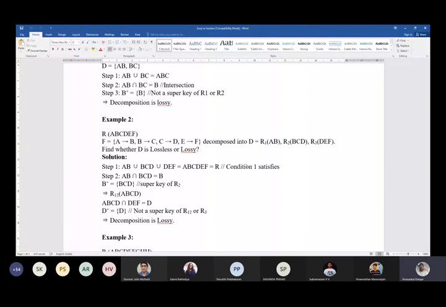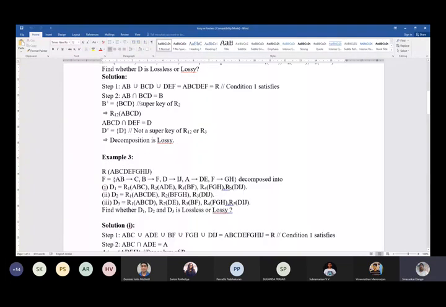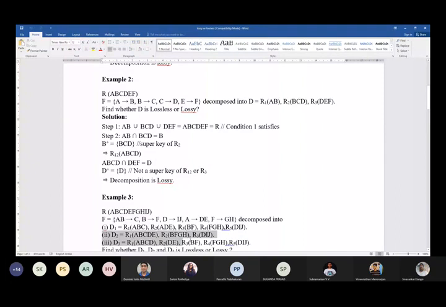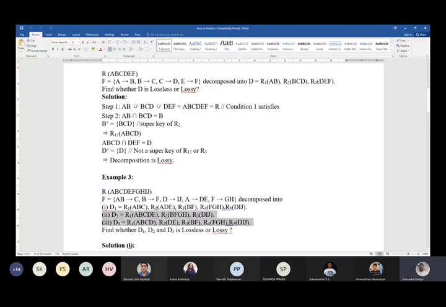So we'll move on to example 3. I want you to solve subdivisions 2 and 3, so you can note down example 3, subdivisions 2 and 3.